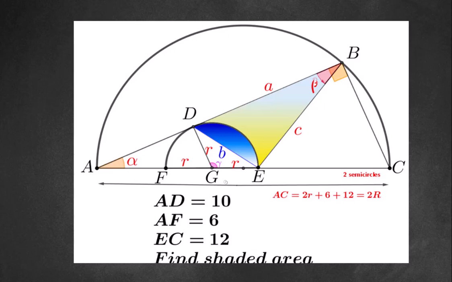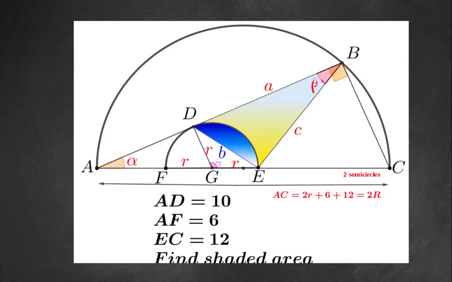We subtract the segment, I mean, from the area of the triangle DBE. So a lot of things to do here. Let's start.